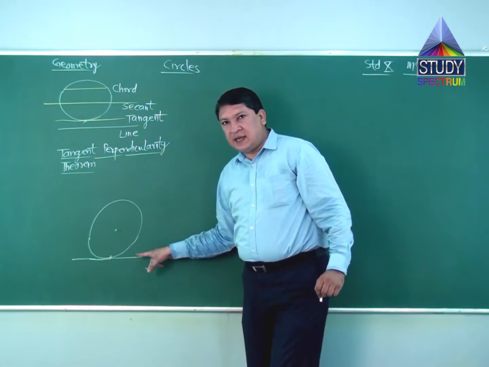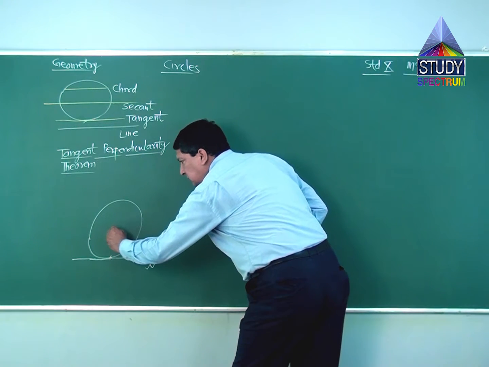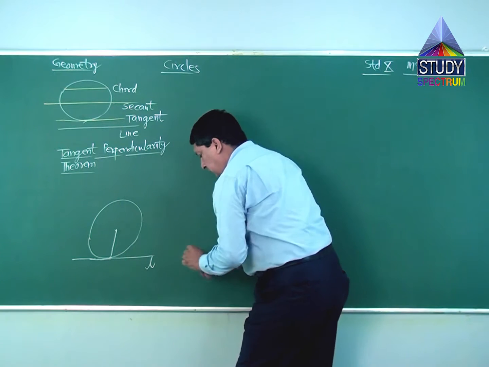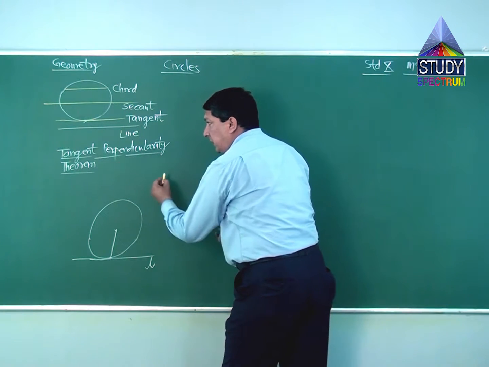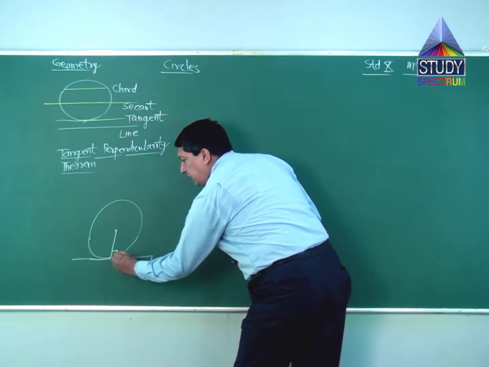If I draw a radius, then according to the tangent perpendicularity theorem, this angle will be 90 degrees.